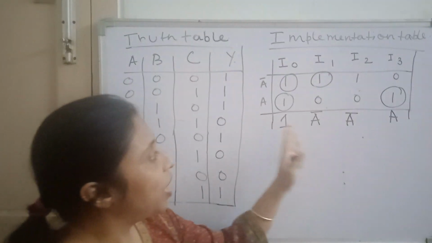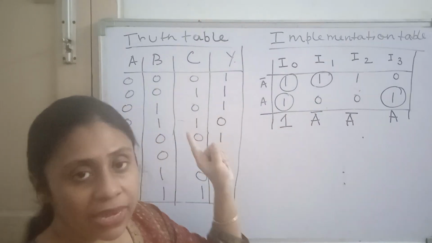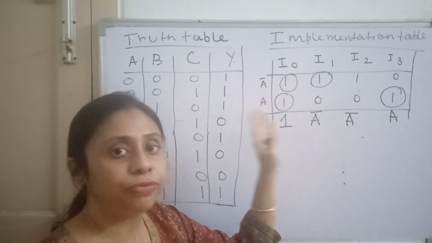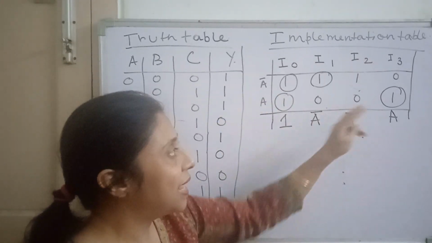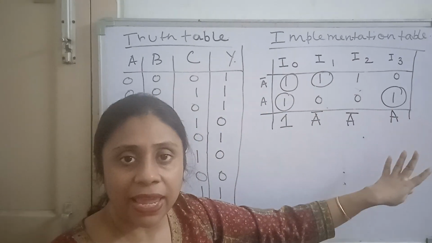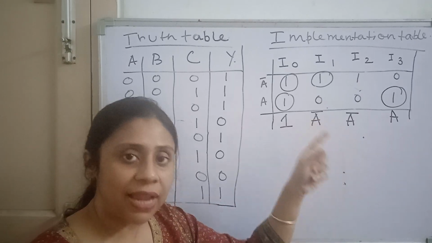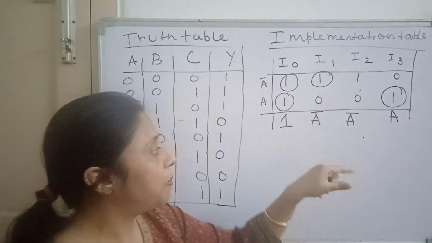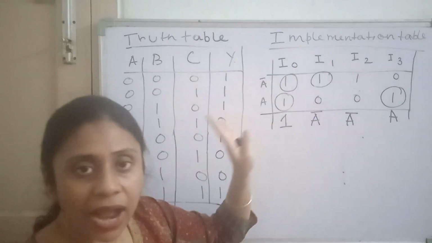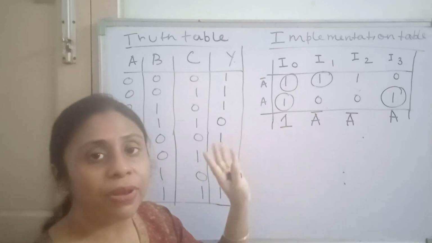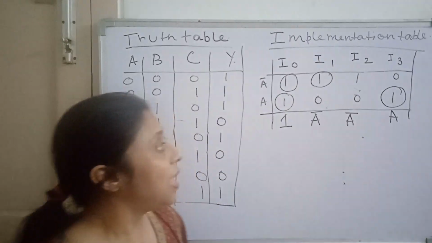Just see which value is 1. If 1 represents A, then that input line will be A. If 1 represents A bar, then that input line will be A bar. And if both are 1, then that input line will be logic 1.